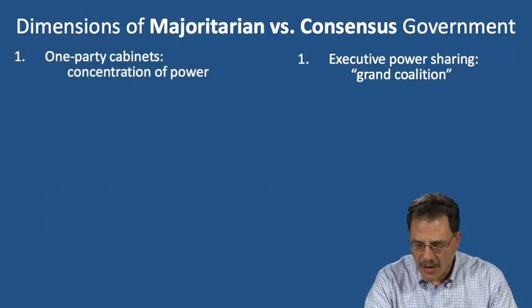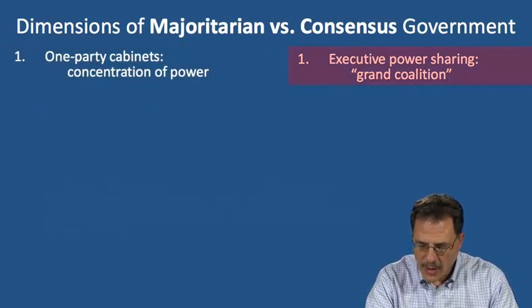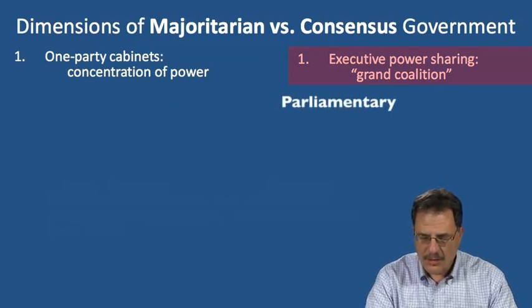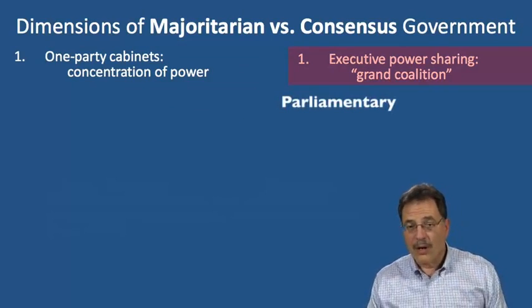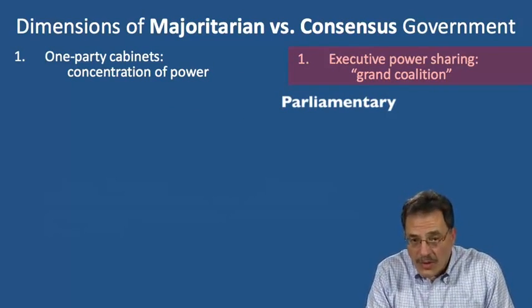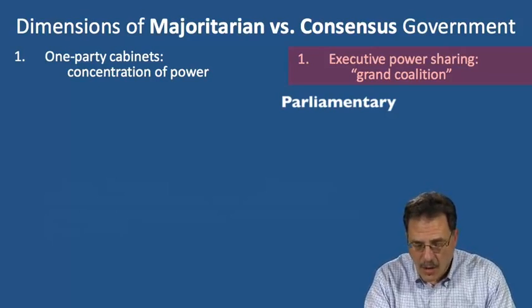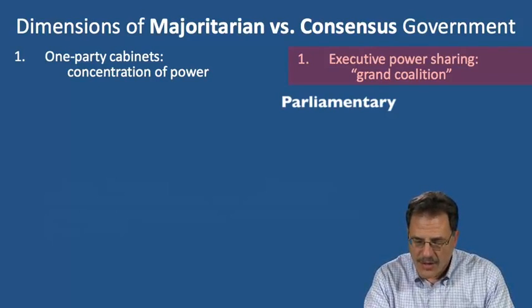Executive power sharing is much more common in a parliamentary system, particularly one with lots of political parties in parliament, where government cannot be formed without a coalition, particularly if you want a majority government.